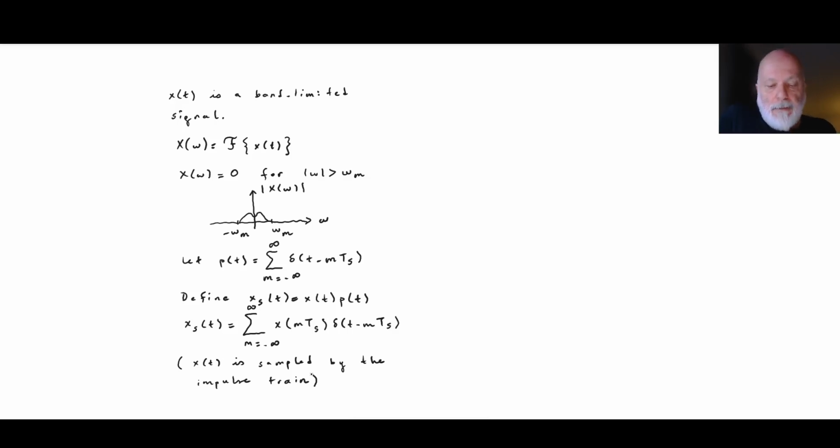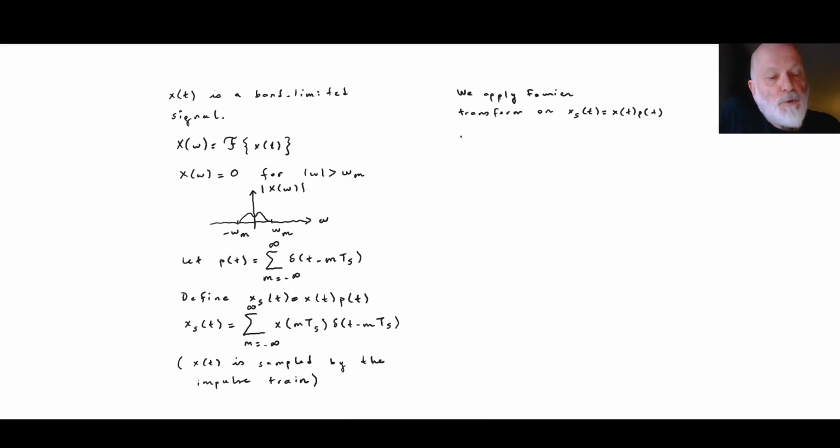Now, we apply Fourier transform on the signal xs of t, which is equal to x of t times p of t. Okay. Now, we know that the Fourier transform of a product of two signals will be 1 over 2 pi times the convolution of the Fourier transforms.